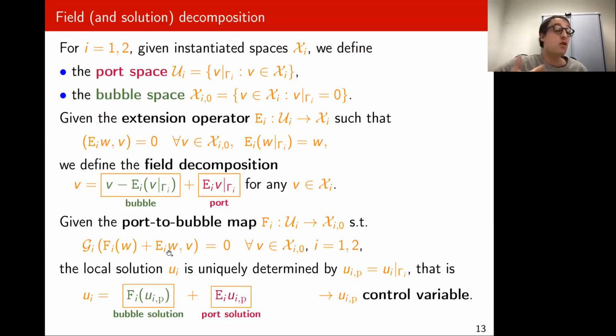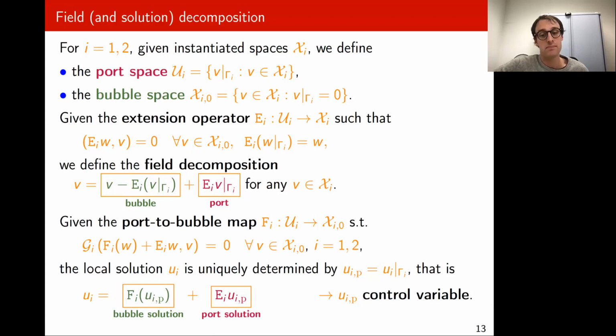This means that the local solution to the original problem that we consider, which I denote by UI, is uniquely determined by the port solution, so UI restricted to the port, and can be written in this way, where this is the bubble component and this is the port component. So in the language of control, we can interpret this port as a control variable in our formulation.